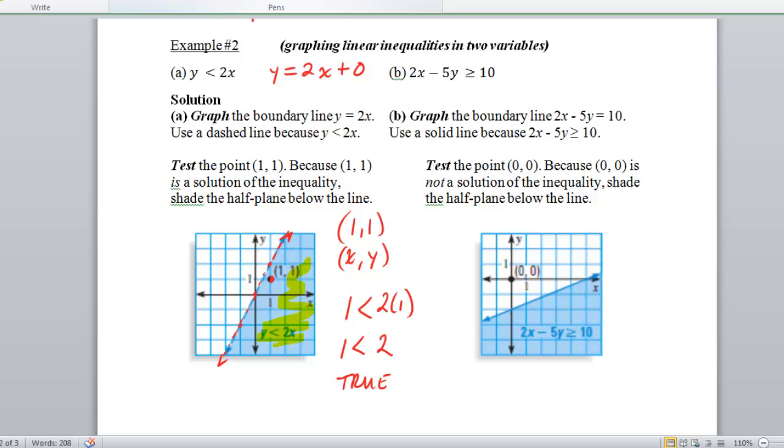Now, part B has us in standard form. So if you recall standard form, first thing we need to do is change this to a line, and we need to graph this line. Now, you could graph this line by the use of slope-intercept.